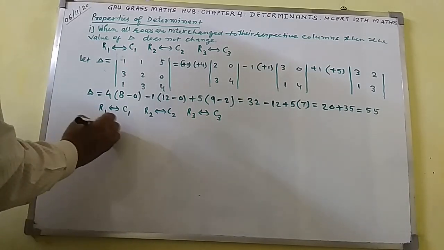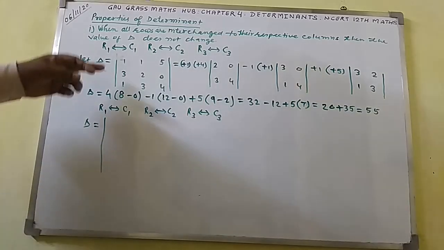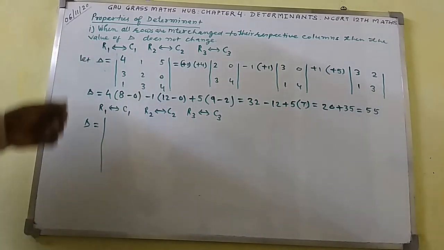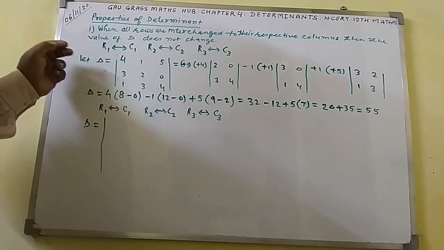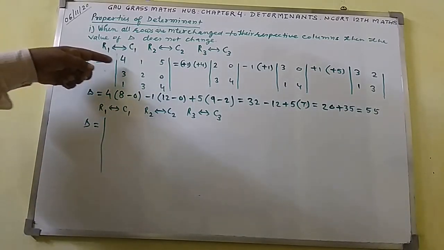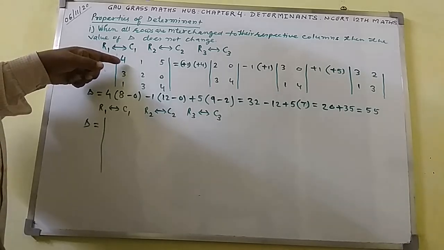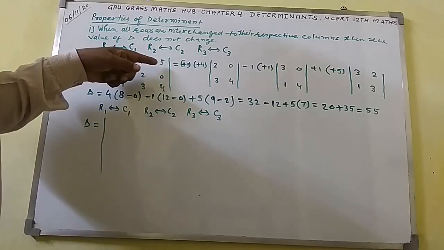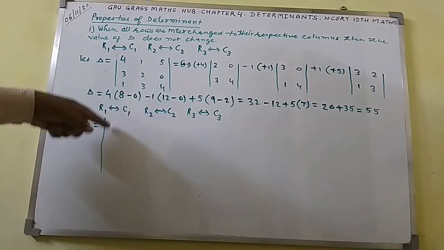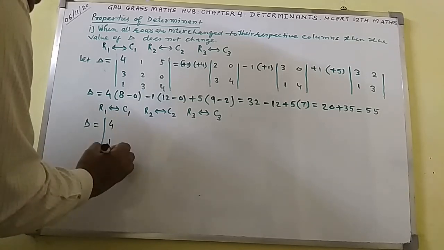Then the determinant will become here. The elements of R1, the first row, are 4, 1, 5. The 4, 1, 5 will be taken here in the first column, so here write 4, 1, 5.